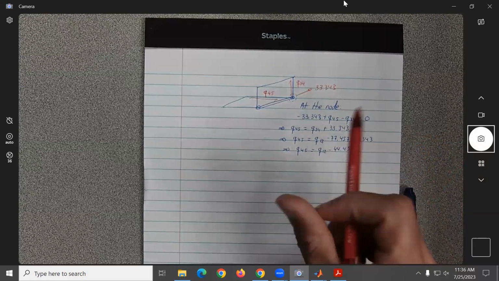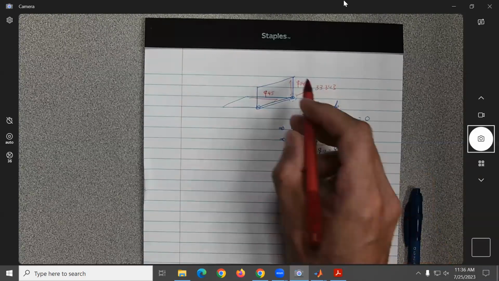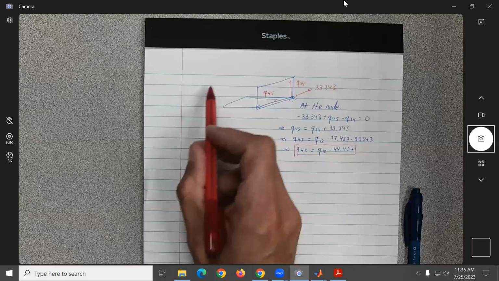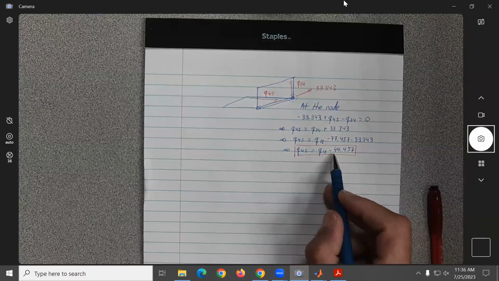And that should be the same expression that you had on the top panel over here, no? Like yesterday I had minus Q12 plus 44.457, no? Okay, and that's how we spot it.